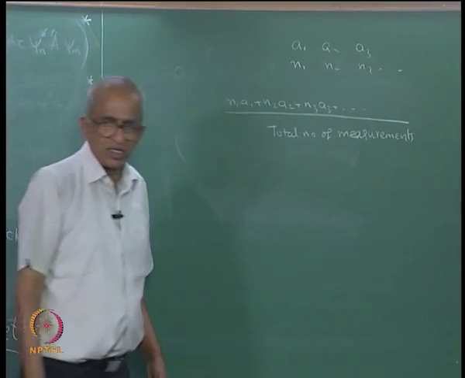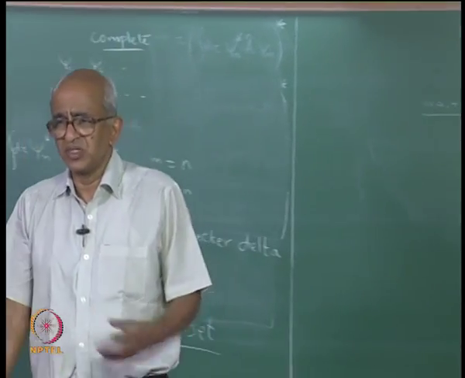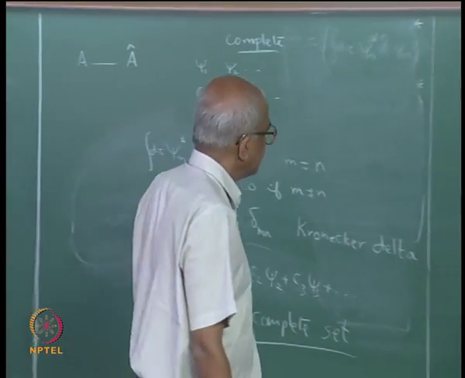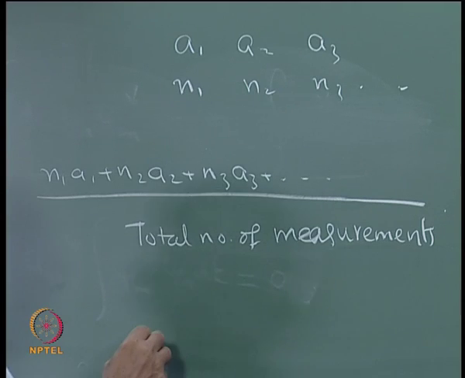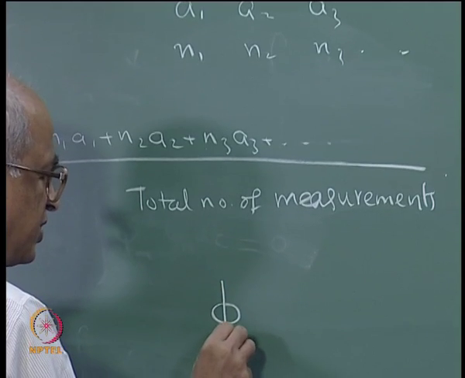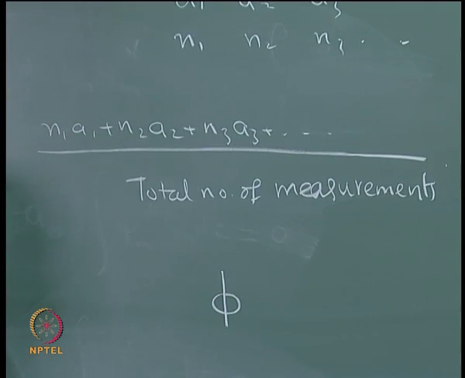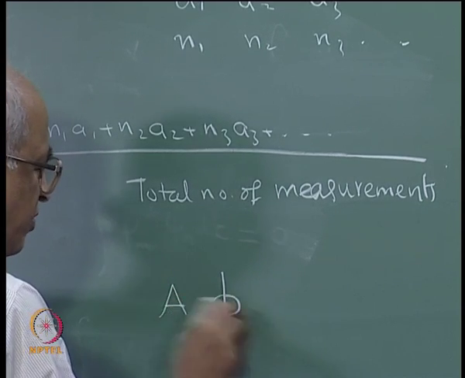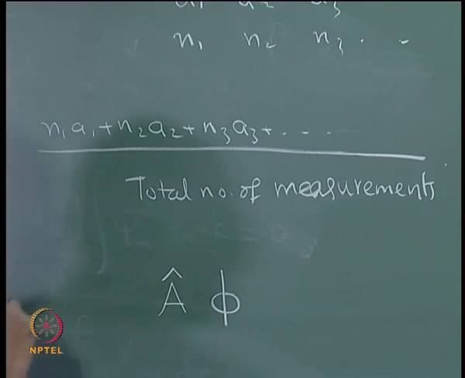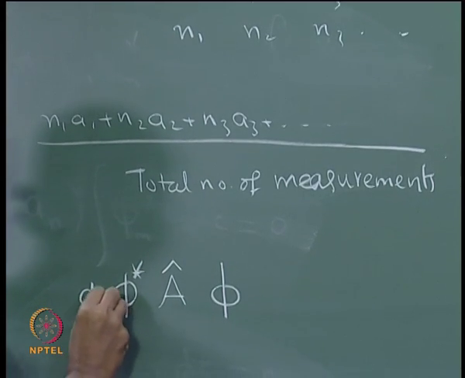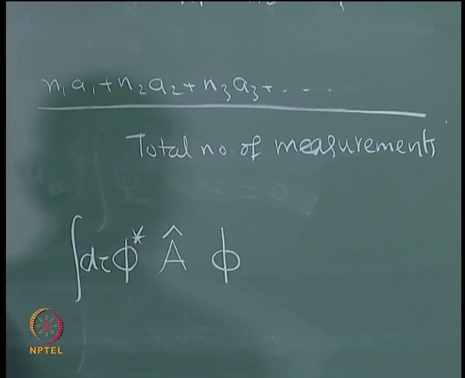And quantum mechanics actually gives you a definite procedure for calculating this average. What is the procedure? You take the state function, which temporarily I have decided to denote by the symbol phi, allow it to be operated upon by the operator corresponding to the observable A, then multiply the result by the complex conjugate of phi and integrate over the entire space.